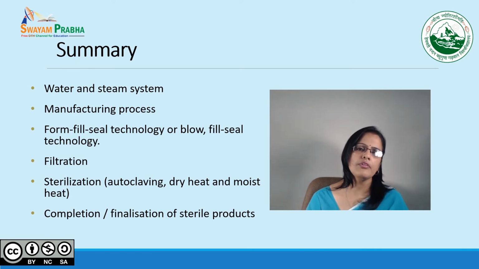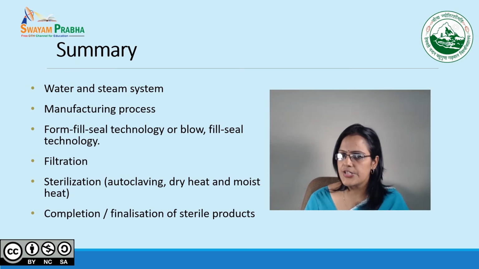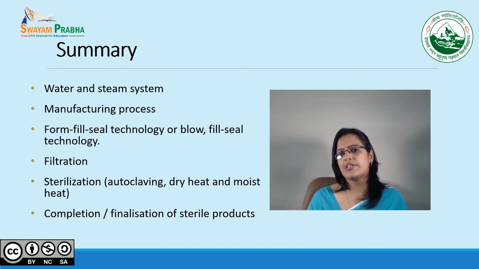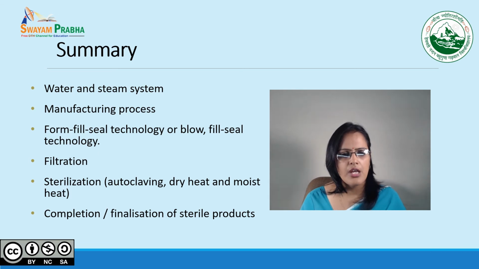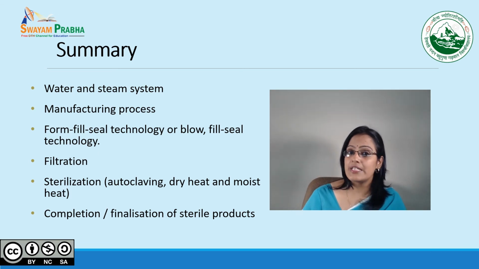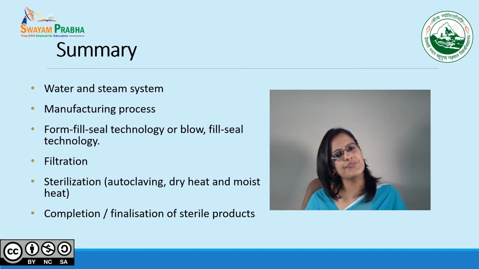And we discussed the sterilization procedures, dry heat, moist heat, autoclaving, and how to keep the different records, and what are the requirements for container closures. And the sterile manufacturing process also we discussed. So all these things we discussed.